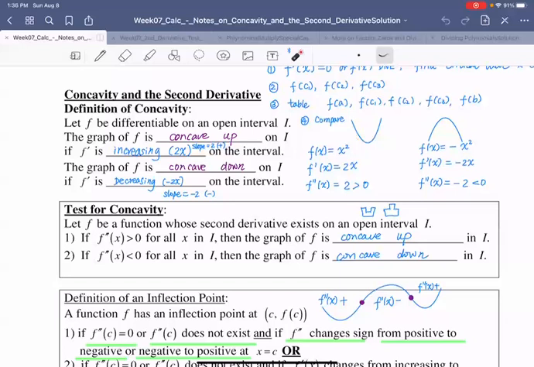The other case, you have f of x equals negative x squared. The first derivative equals negative 2x. The second derivative equals negative 2, okay?